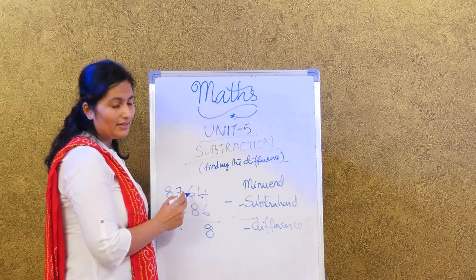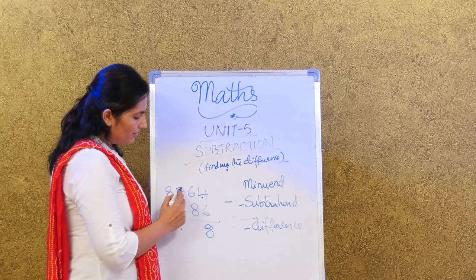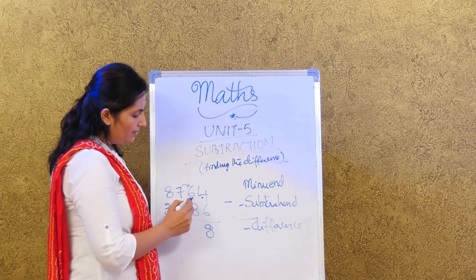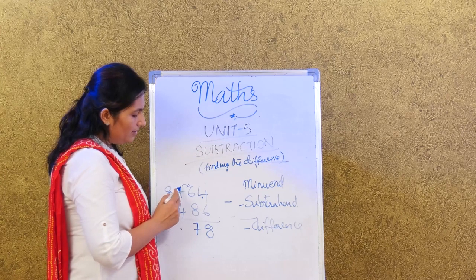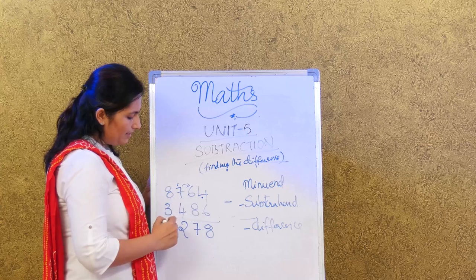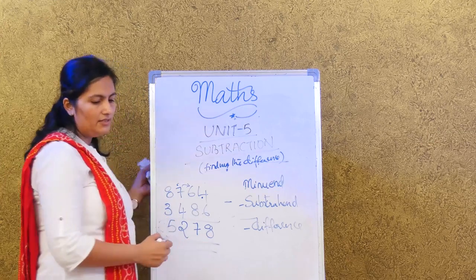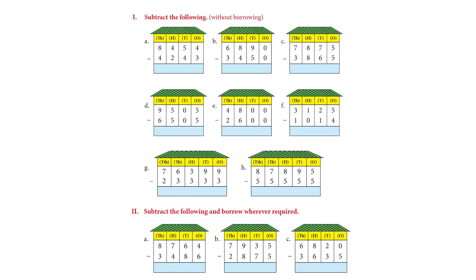We can't subtract 8 from 5 because 5 is smaller, so we borrow from here, and 15 minus 8 is 7. Since we borrowed from here, this becomes 6. 6 minus 4 is 2. 8 minus 3 is 5. So 5278 is the answer. Can you try answering the rest on pages 90 and 91?